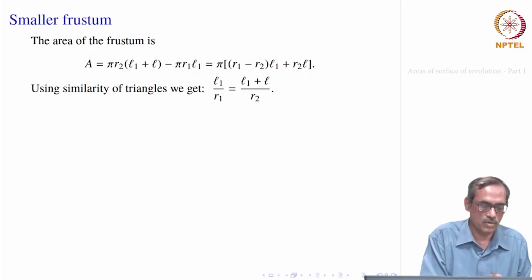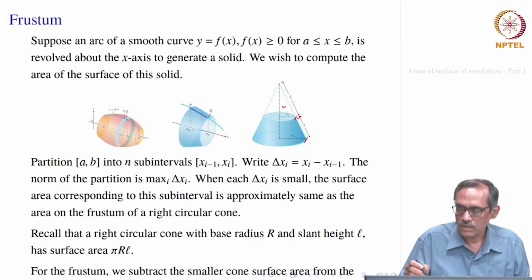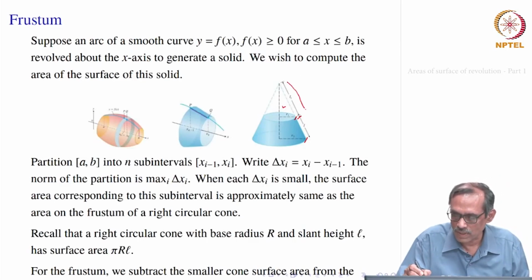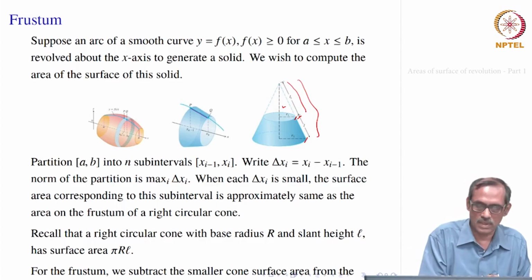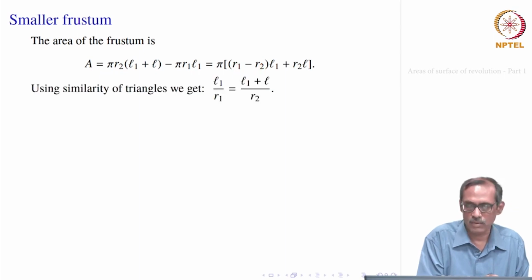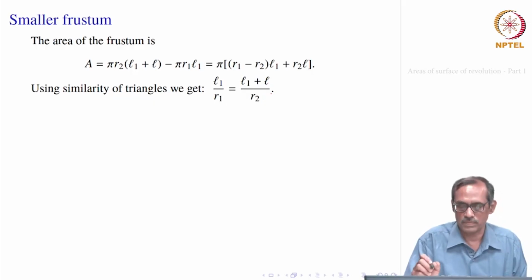So, for that we go back to the picture and look at the two triangles there. One is the smaller one, this, and the other is the bigger one, that triangle. So, they are similar triangles. Therefore, we can say R1 divided by R2 will be equal to L1 divided by L1 plus L, or we write it this way, L1 divided by R1 will be L1 plus L divided by R2. Okay.